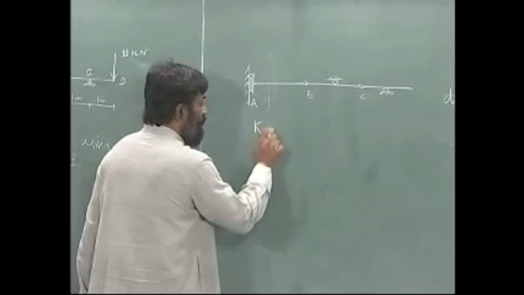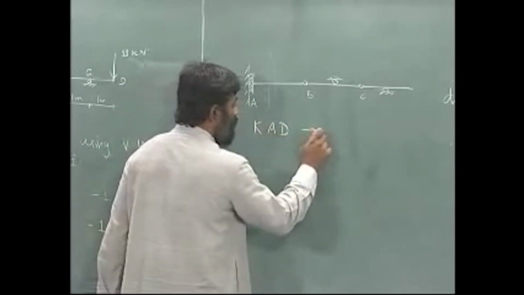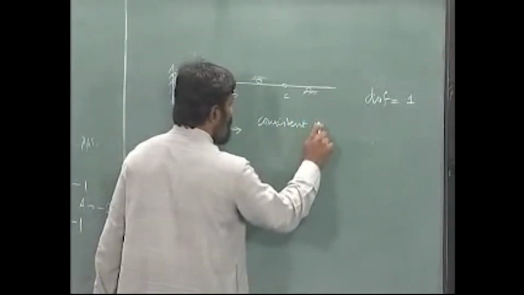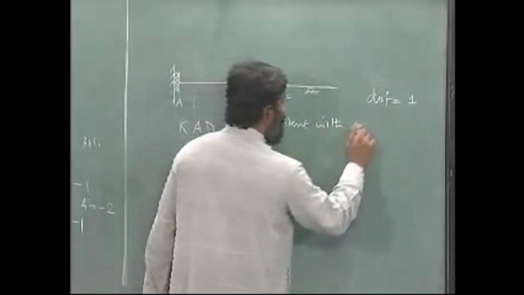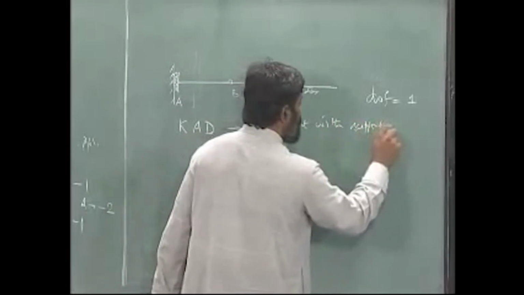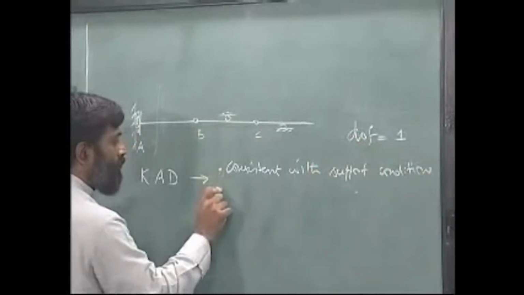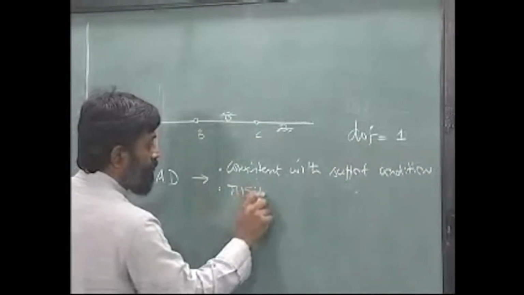So kinematically admissible displacements is what I have to find out, means consistent with support conditions and the rigid body notion.